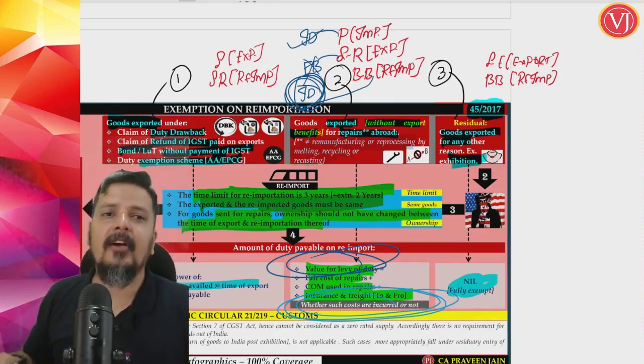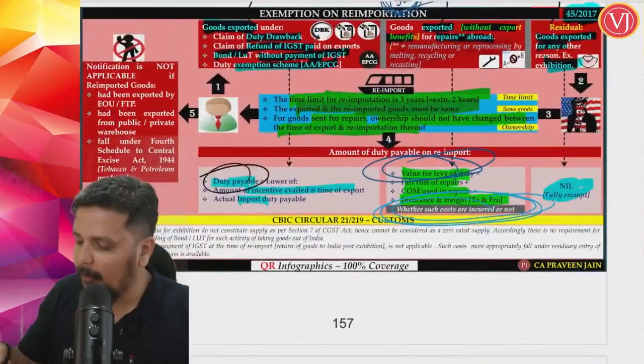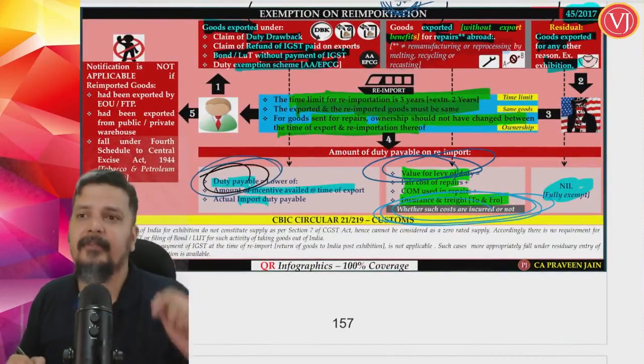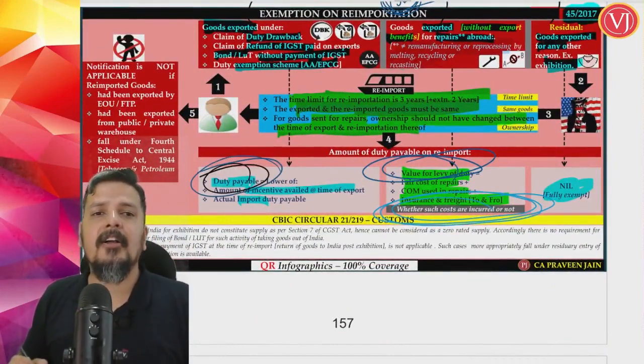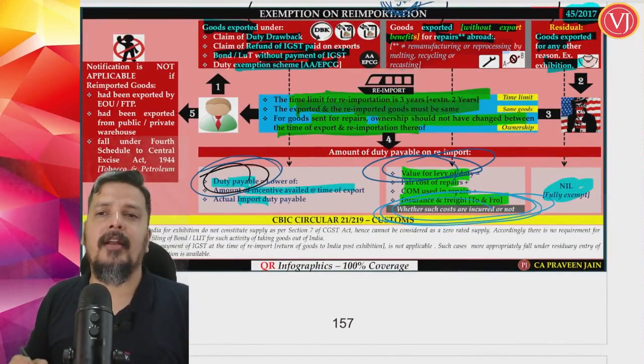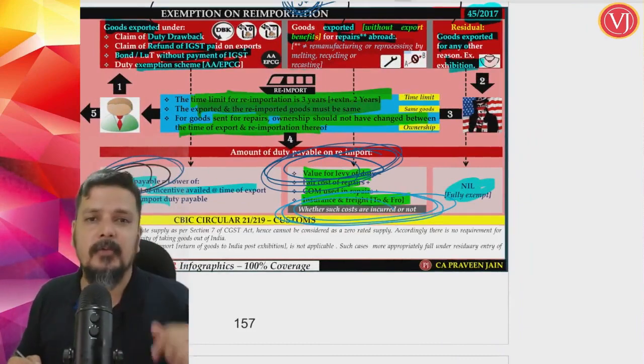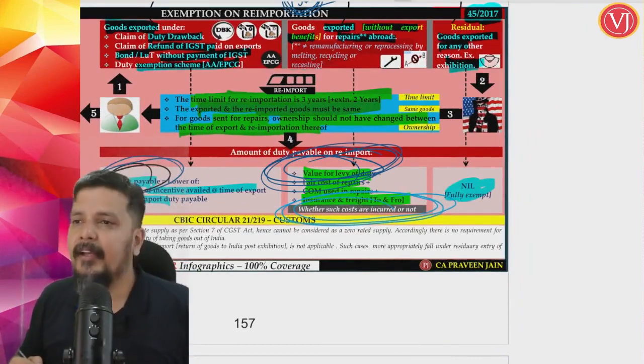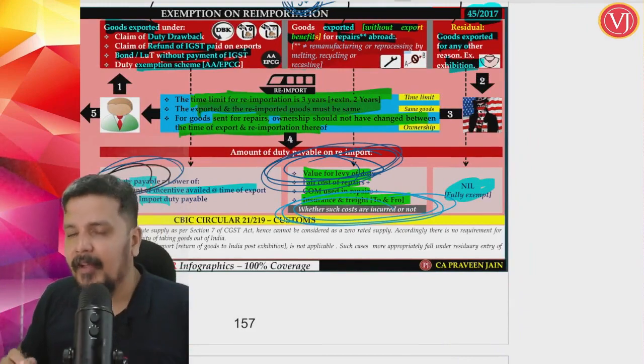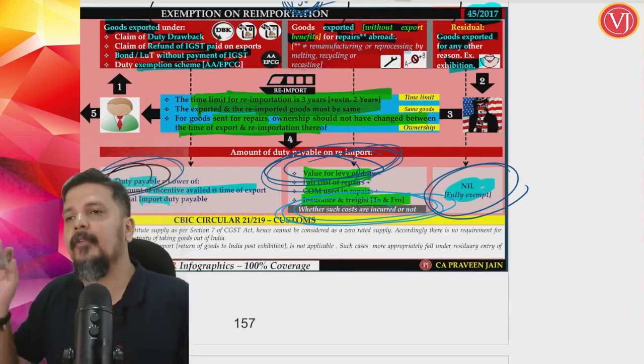In the first scenario, they talk about what the duty will be: lower of actual import duty or export benefits. In the second scenario, they don't talk about duty, they talk about the value. Whatever is happening outside India will be the value. In the third scenario, they tell that it is fully exempted.